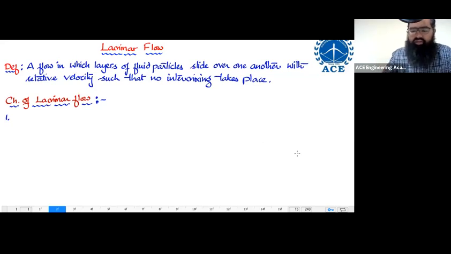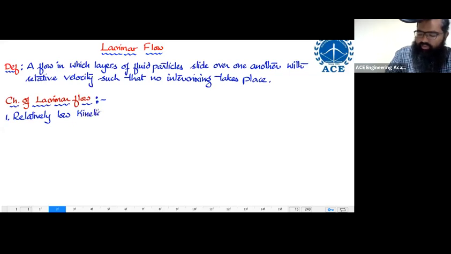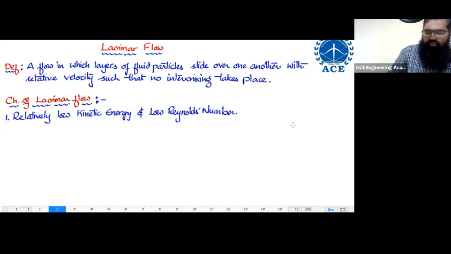So the first characteristic is relatively low kinetic energy and low Reynolds number. Yesterday we discussed Reynolds number. So this is the first characteristic we are having.